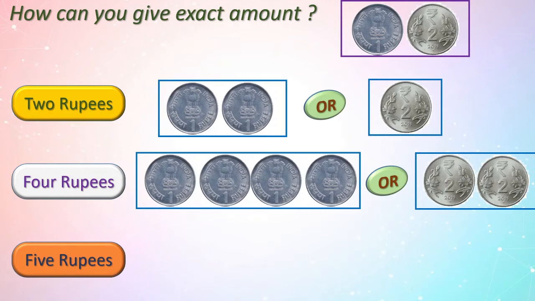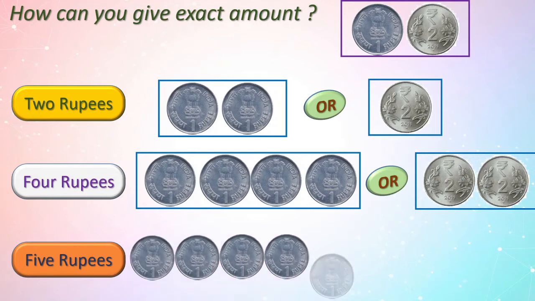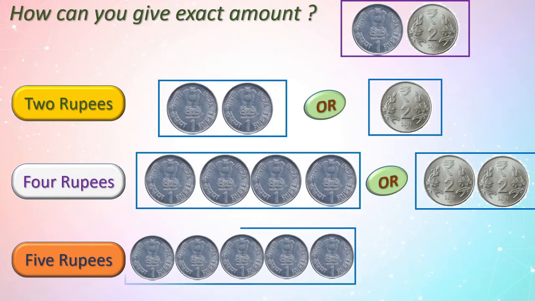Okay. If you want to give 5 rupees to your sister, then how will you give? By using 1 rupee coin. How many coins are you going to give? Yes, very good. You are going to give 5 coins of 1 rupee value. Right?